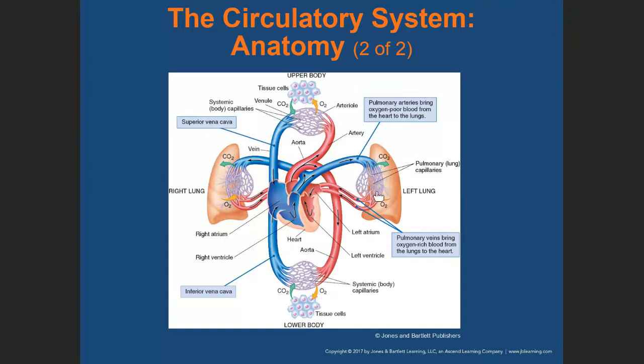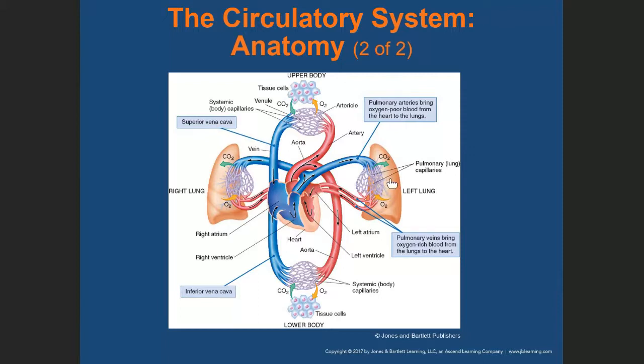So the oxygenated side of the pulmonary capillaries will become pulmonary venules. Then these pulmonary venules will become pulmonary veins. The pulmonary veins will now transport the oxygenated blood to the left atrium.